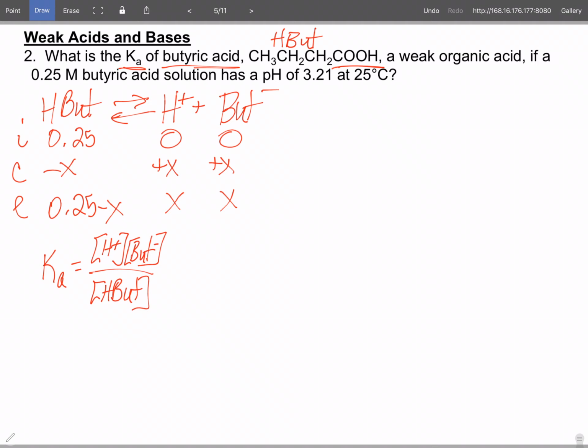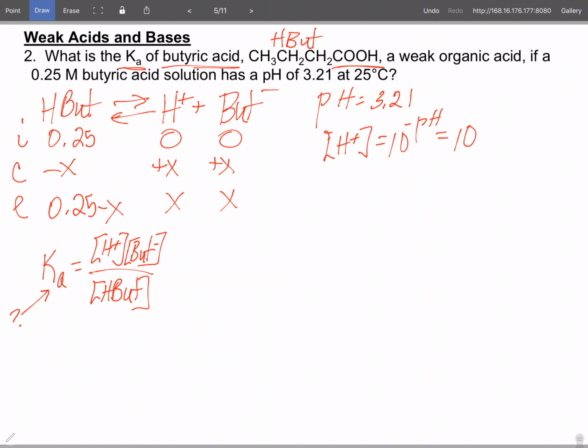Okay, so wait a minute. We're asking for the Ka, so this is what we need to know, which means we have to know the values there. We're given one other piece of information. That means our pH is 3.21. Now, I walked you through the fact that the hydronium ion concentration is going to be 10 to the negative pH.